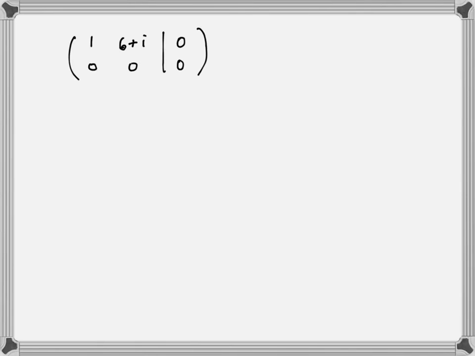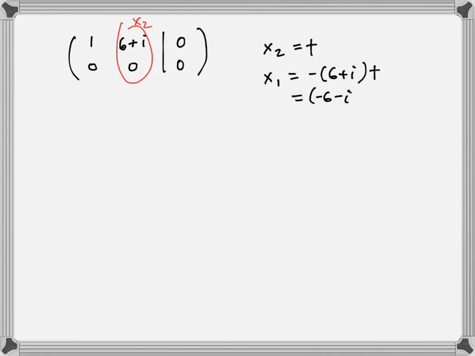And so we have a free variable right there. So x2 is equal to t. What is x1 equal to? It's equal to negative 6 plus i times t, or this is the same as negative 6 minus i times t.